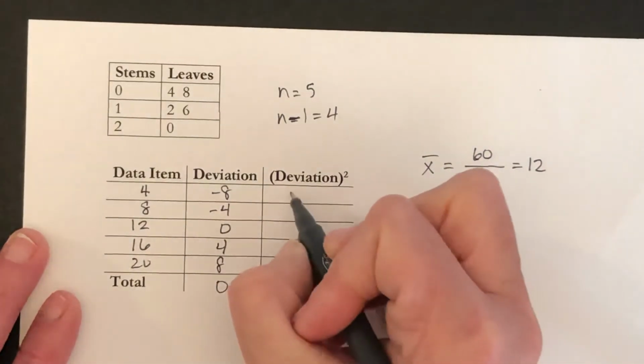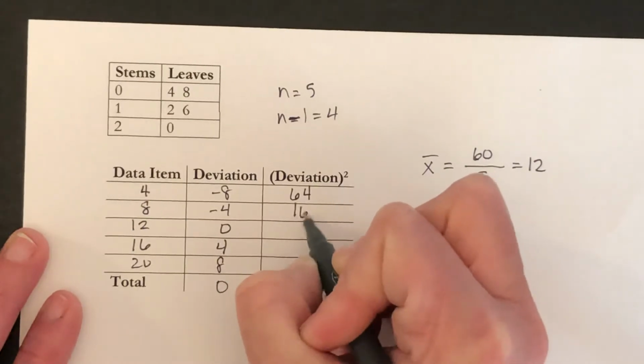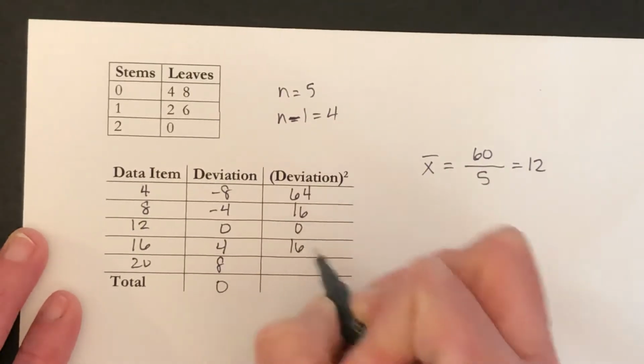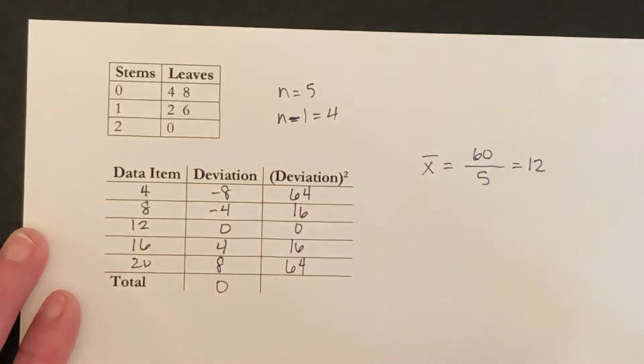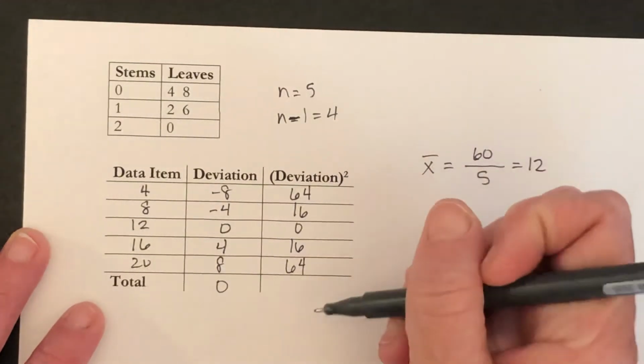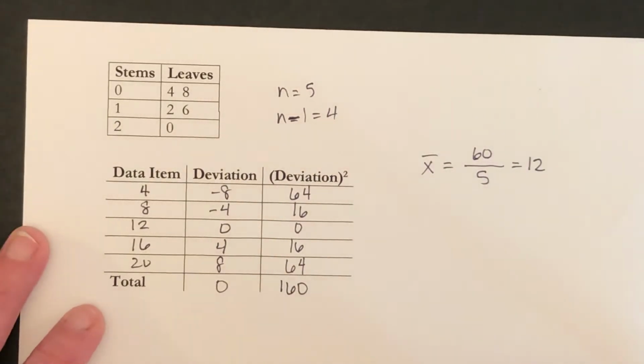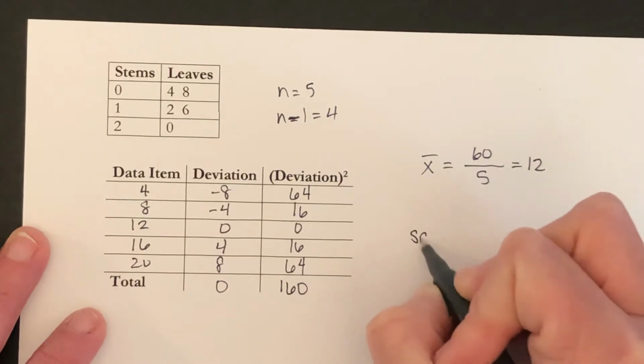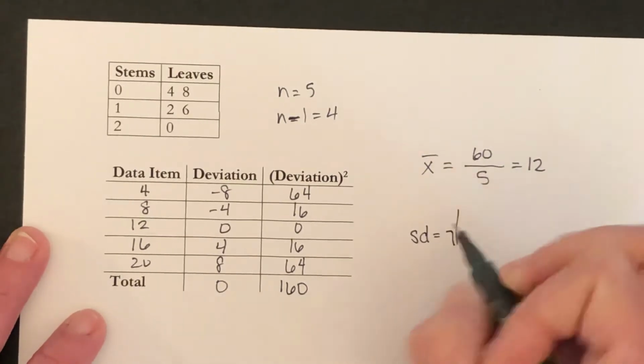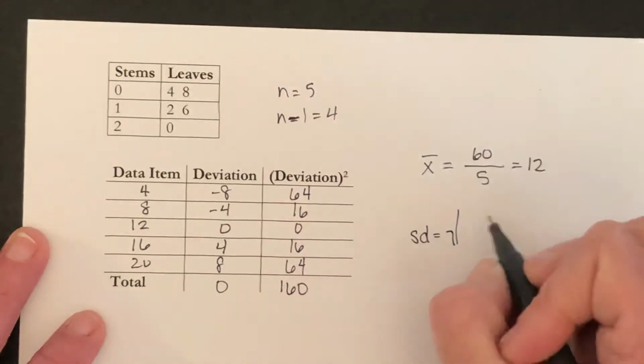Now let's square each of these. Okay, and if we add all of these up, we get 160. So the standard deviation here is the square root of 160 over 4.